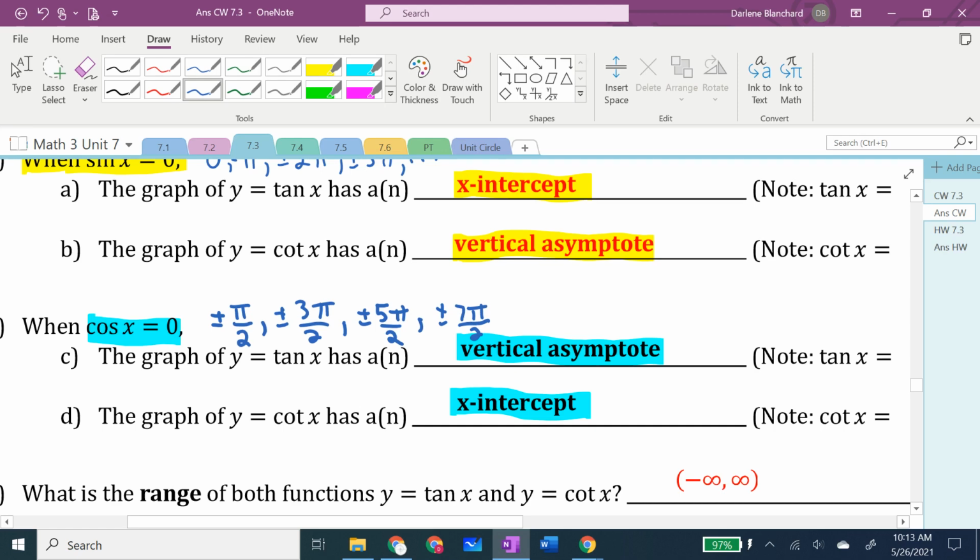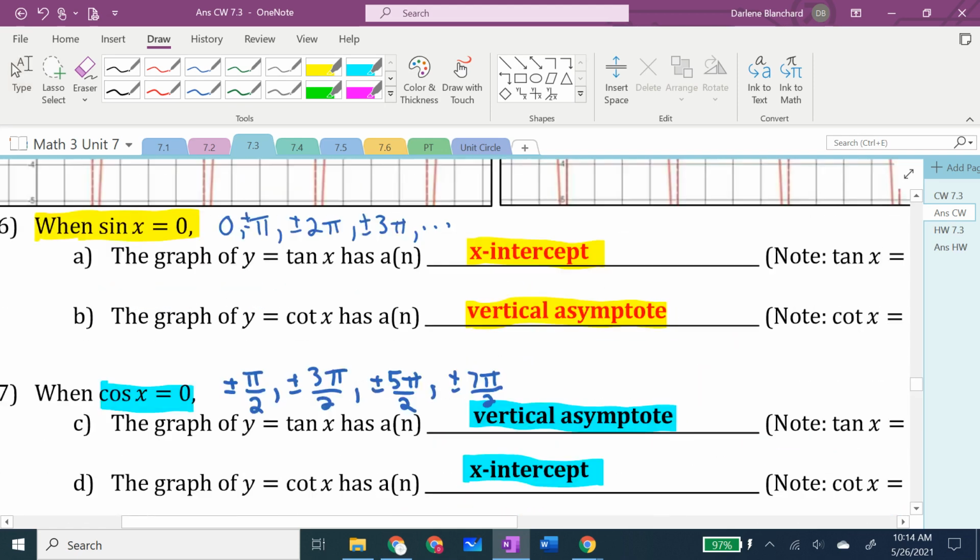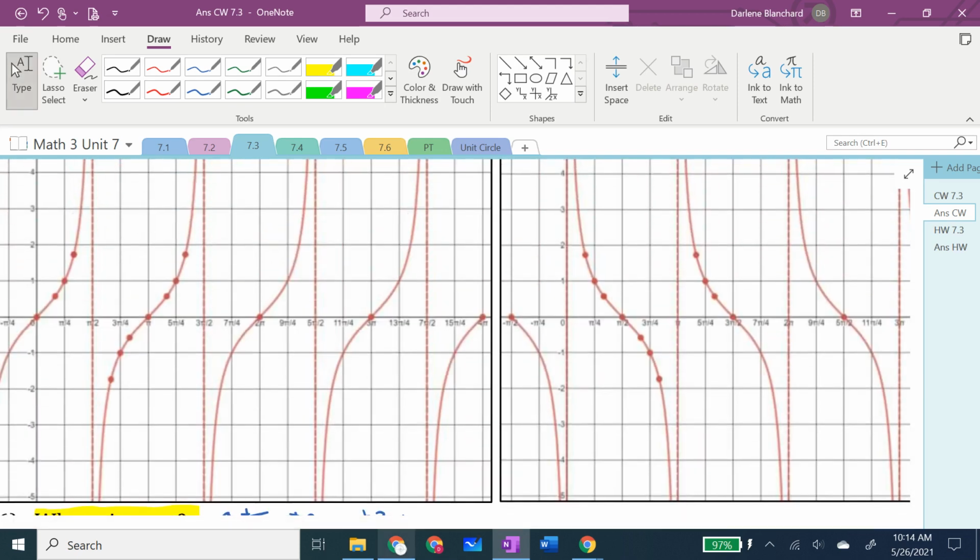Now, if you look back at the graphs, I want you to take a good look at the range and the domain. I want you to see with the range that every single y value is accounted for, from negative infinity to positive infinity.